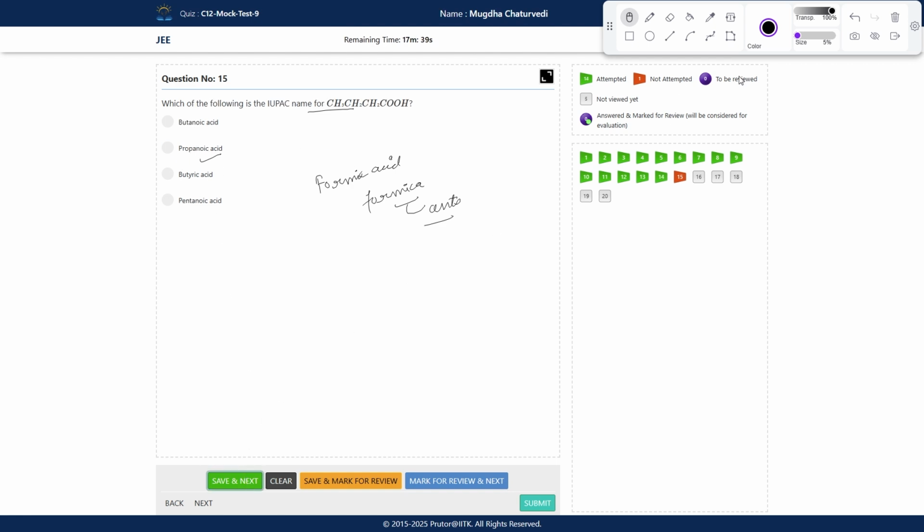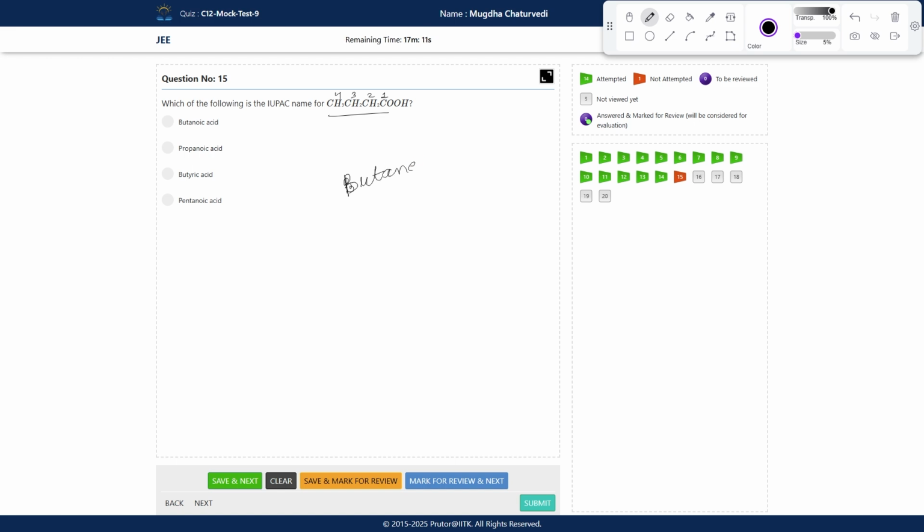Now let's see the next one. It is saying, which of the following is the IUPAC name for this compound? If we carefully look, this is the longest carbon chain. If I do the numbering, I will start with this carbon: 1, 2, 3, 4. So 4 carbon atoms are there, and the root word is butane.